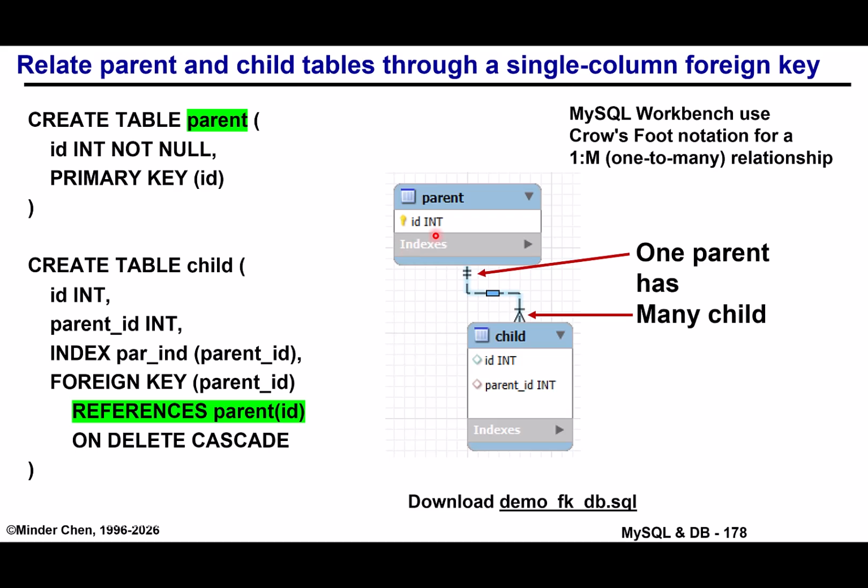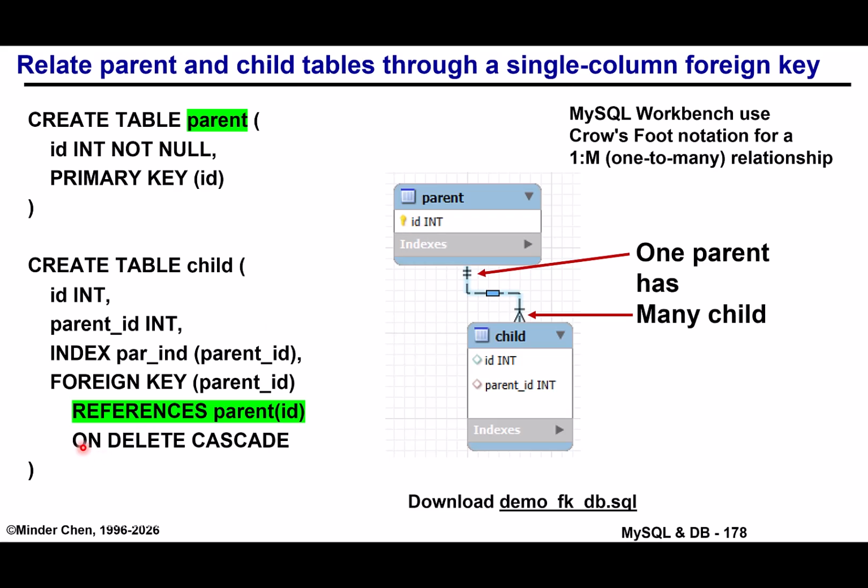This parent is the parent table, the name of this table. The ID refers to this ID, not this ID. I happen to use ID for both parent and child, but here the ID is the column name in the parent table where it's used as a primary key.